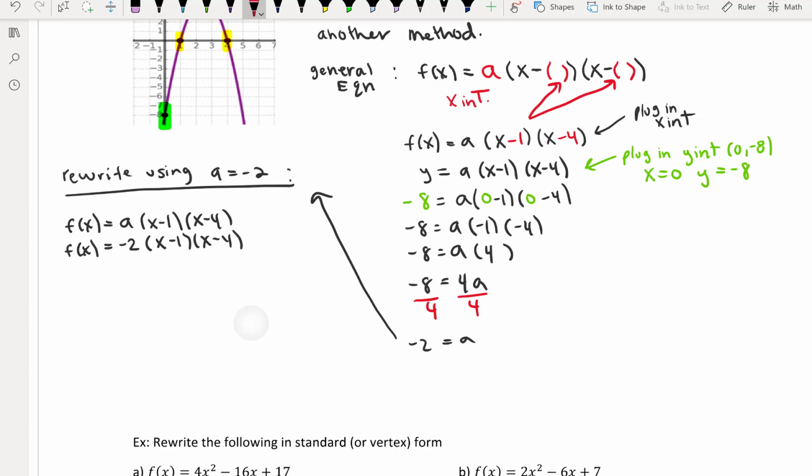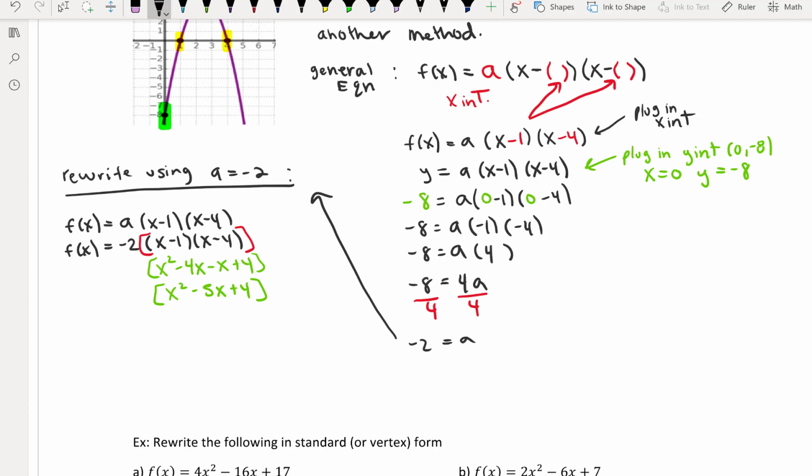I FOIL out the inside: x squared minus 4x minus x plus 4. Combining like terms, I have x squared minus 5x plus 4 inside those parentheses.